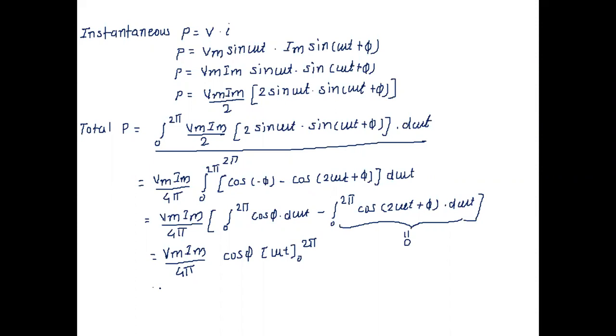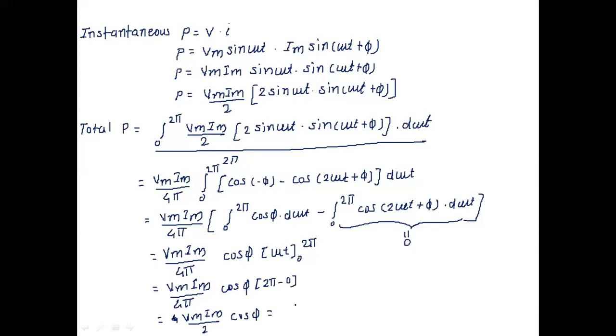And when I substitute that limit, then here we got Vm Im upon 4 pi cos phi, in bracket 2 pi minus 0, so the final thing we got here is Vm Im upon 2 cos phi.